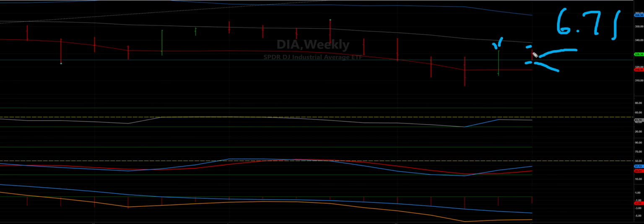From the pivot point to the very low of last week, we only have a spread of $6.71. That's our maximum loss, where we're going to get out. I like that. That's what I wanted to see, a tight stop, not too wide. We don't want to take big losses.